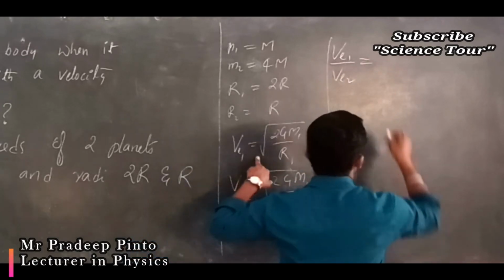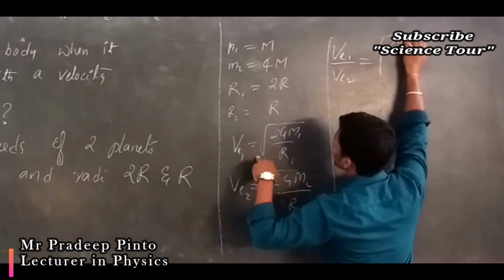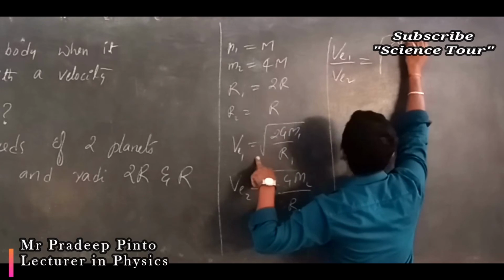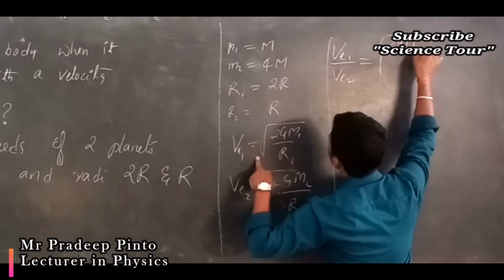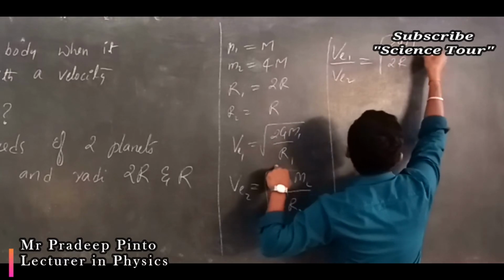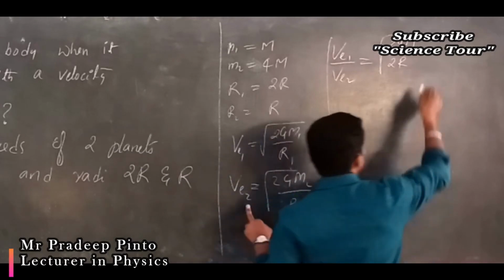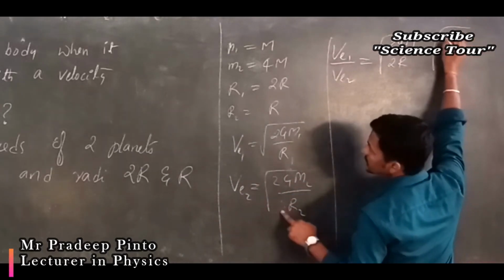Now VE1 is how much? This much, that is root of 2g, M1 is how much? M1 is m, divided by R1 is how much? That is 2r. Dividing by it means multiplying, so it goes to the numerator. R2 means how much?